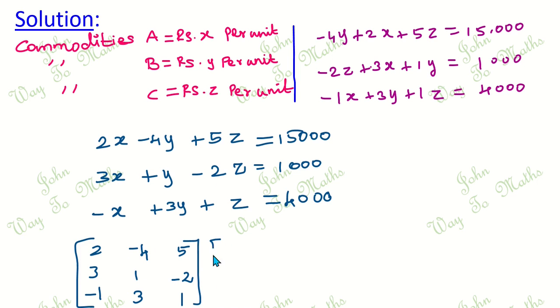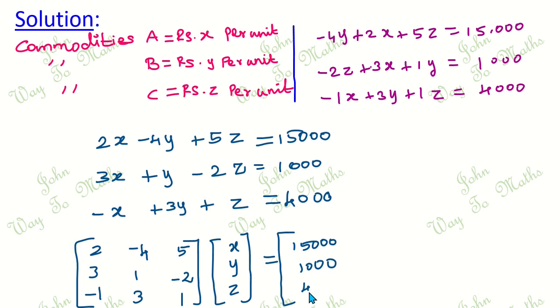Then the xyz matrix is equal to the constant values, which I am going to enter into the constant matrix: 15,000, 1,000, then 4,000.